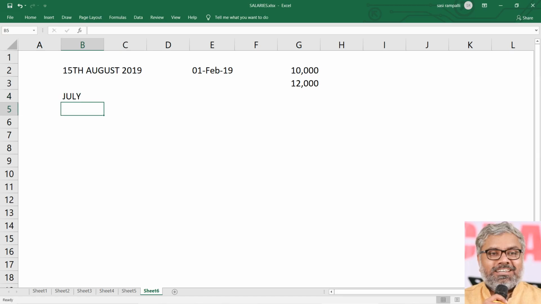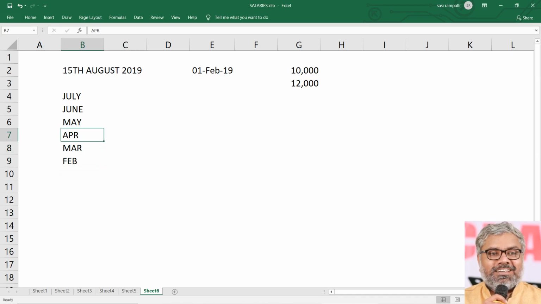So we have to go back and see 10 months salary, July and backwards. So July, then June, backwards we are talking, and then May, then April, then March and February also, all these months.